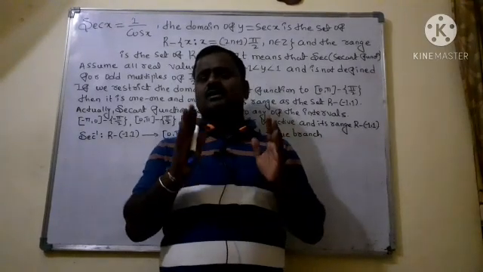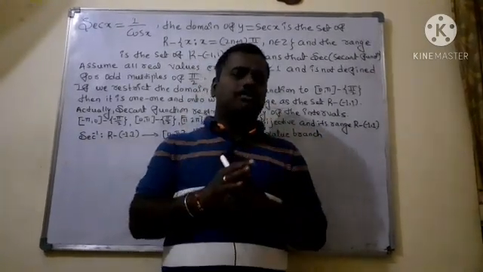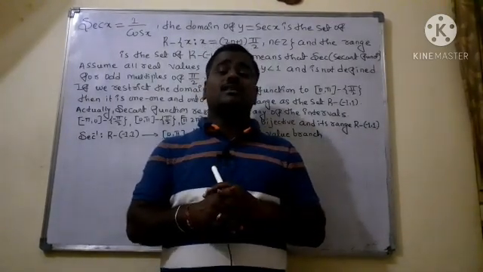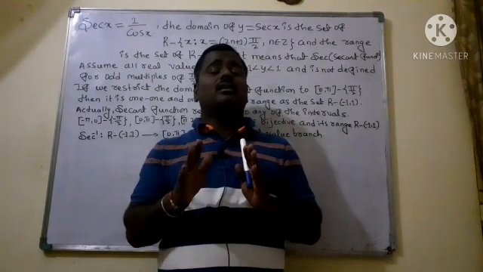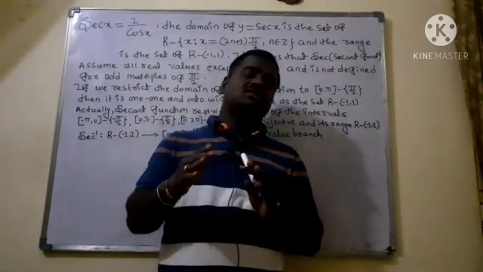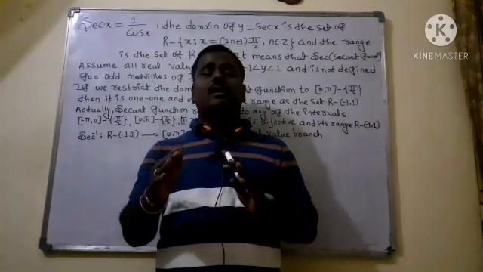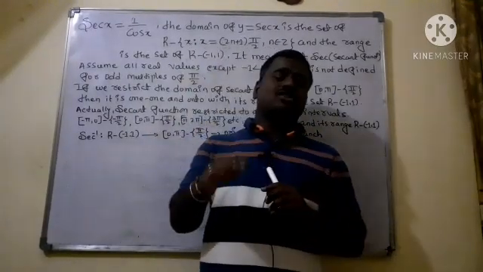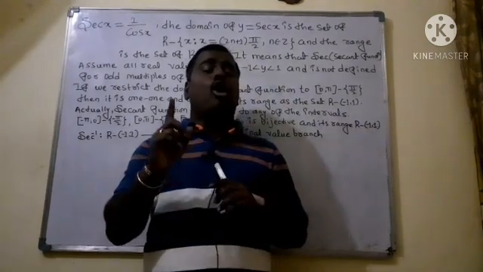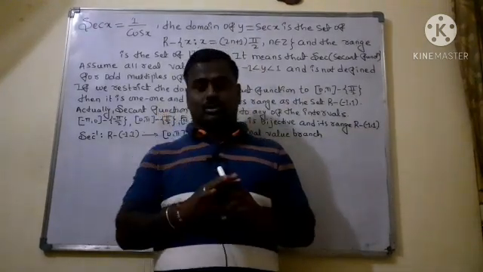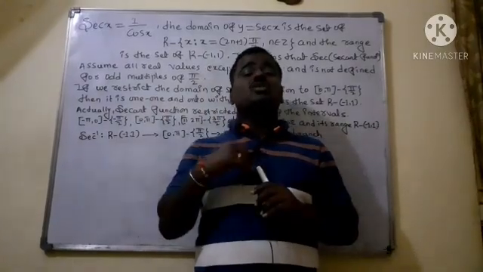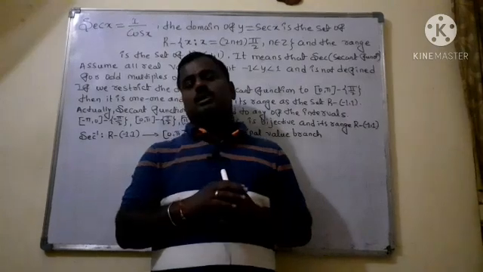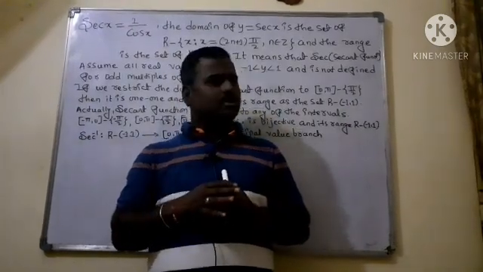Particularly, we define the restrictions for the values of x. Before that restriction, keep in mind that we do not define odd multiples of pi by 2, so the expression should not be an odd integral multiple of pi by 2.